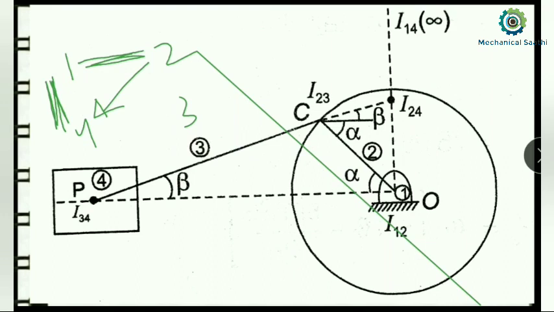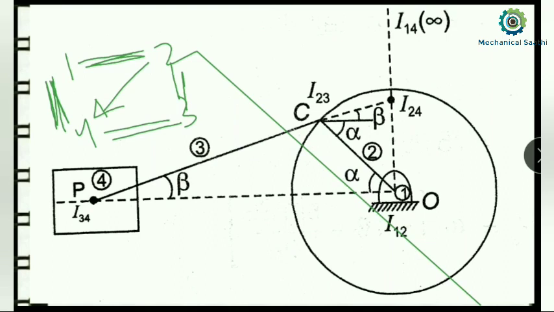Then we draw a line between these 2 points. Then again I need to locate the 2 3 instantaneous center and 3 4, and draw another line between these 2 points. Then the intersection point between these two lines will give me the instantaneous center for 2 and 4. So let us do that.